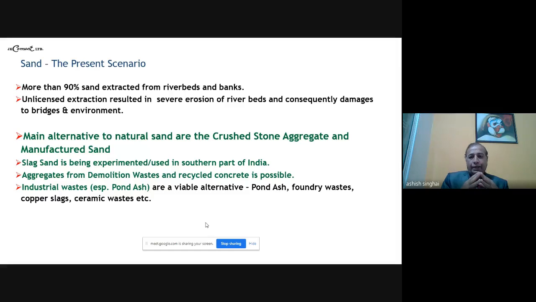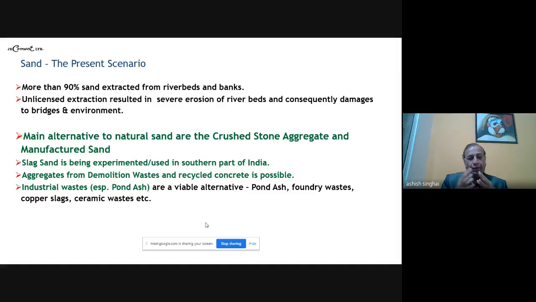Apart from this crushed stone aggregate, even the slag can also be crushed to the sieves of 4.75 millimeter down, and it can be used as slag sand. In some southern parts of India, like Karnataka, Tamil Nadu, Kerala, and Andhra Pradesh, slag sand is being used in totality or as a partial replacement to the M sand, and we are getting very good quality of workability, strength, durability, and all such concrete parameters.